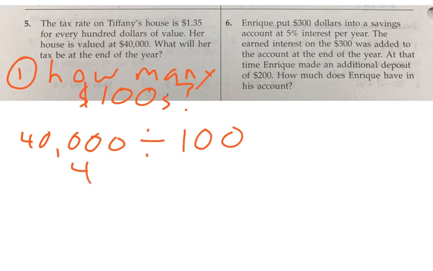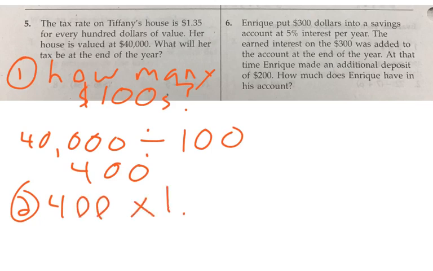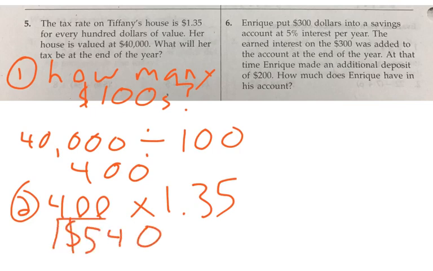So there's $400 in there. And so for every $100, she is taxed $1.35. So we're going to take that 400 and we're going to multiply it by $1.35. And we get $540. So how much is she being taxed? She is being taxed $540.